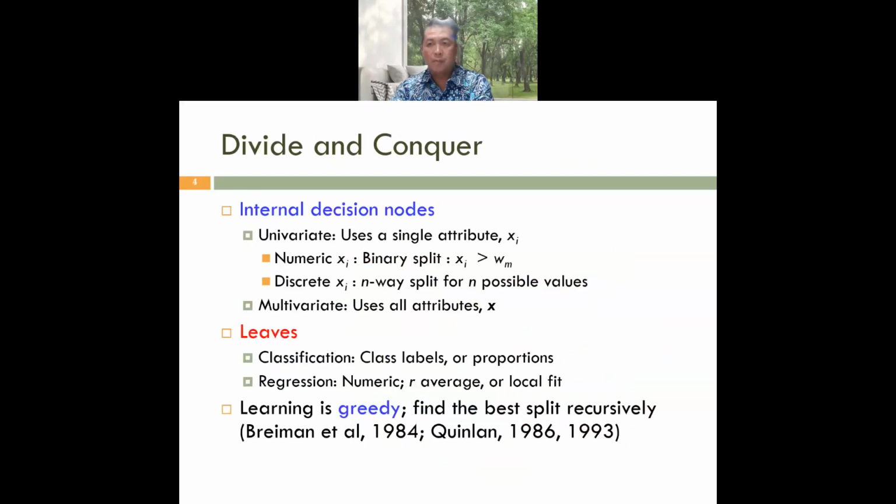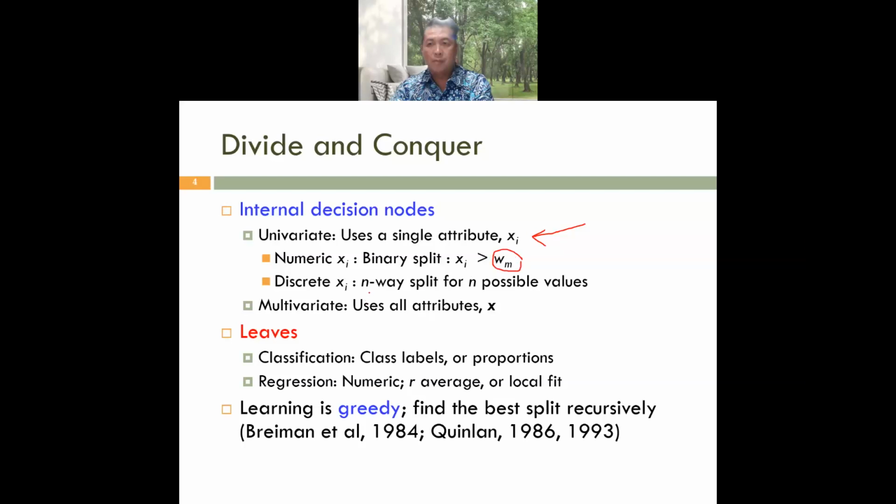Okay, so if we refer to the previous diagram for univariate, where we use a single variable, we will split them according to the value that we are looking at here.